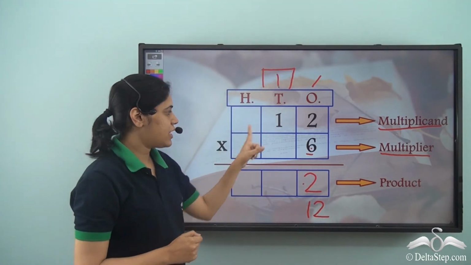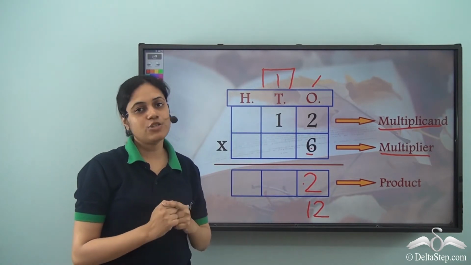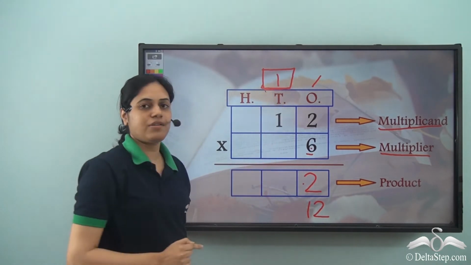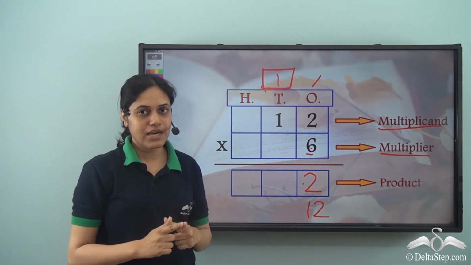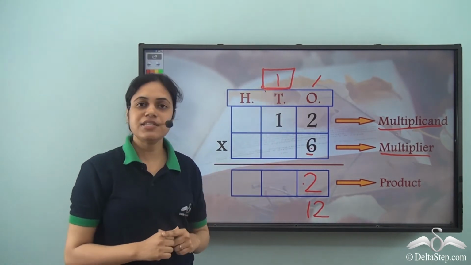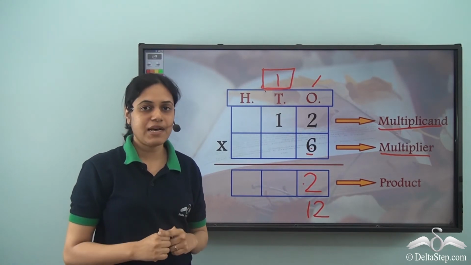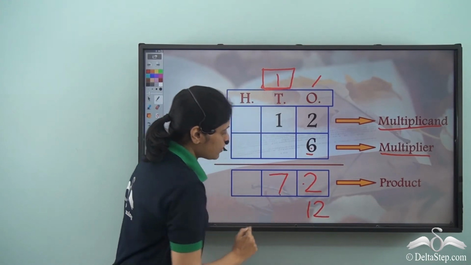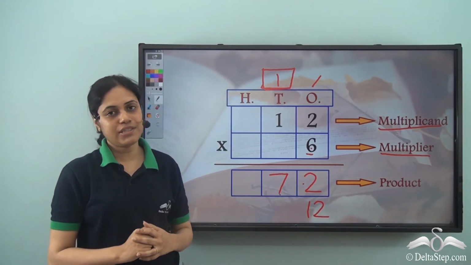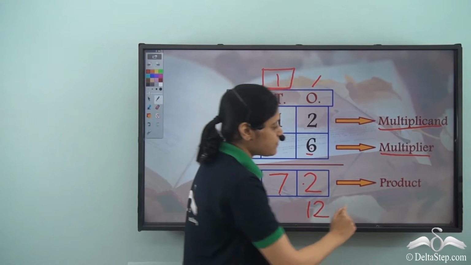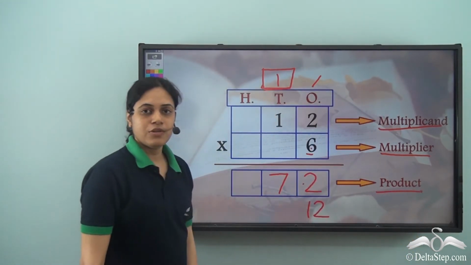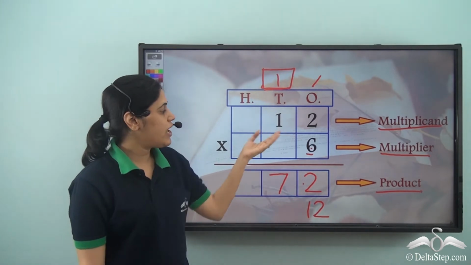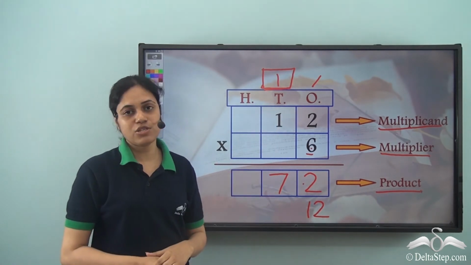So 6 into 1 is 6. And now I take this one and add it. 6 plus 1 is 7. So I write 7 in the tens room. 72 is my product. So 72 is the product of 12 and 6, or 12 into 6 gives 72.